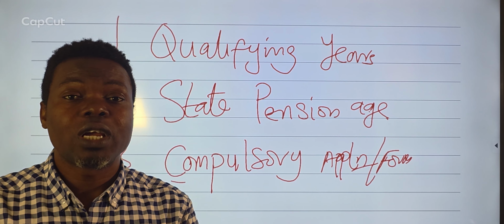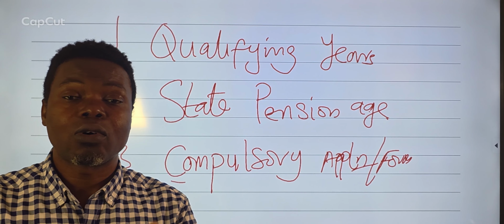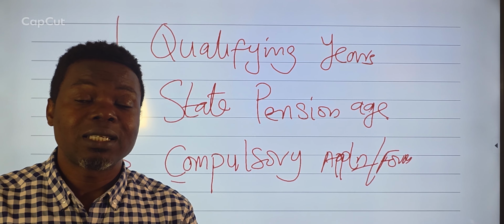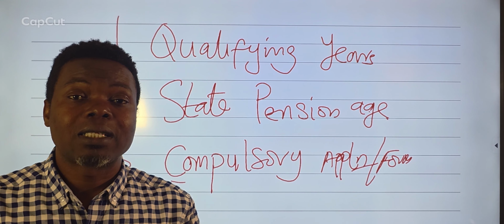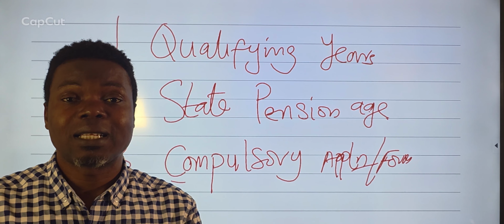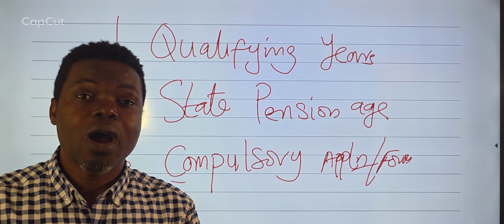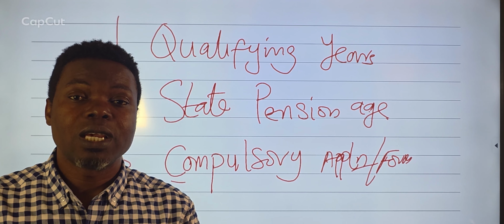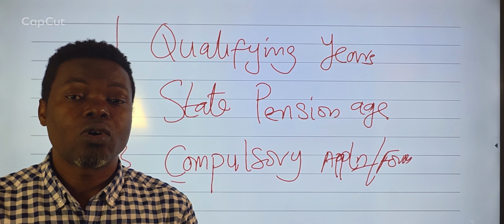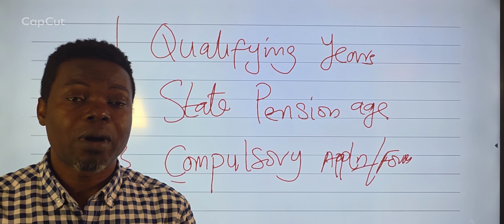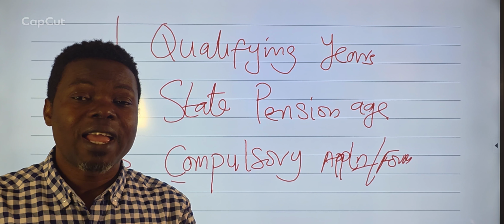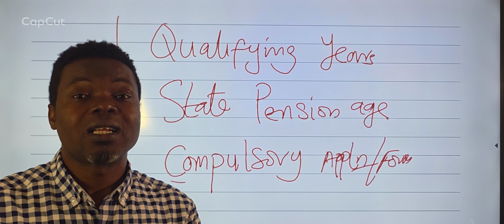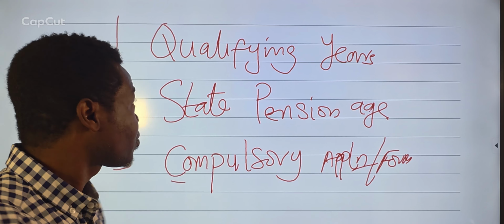Somebody that has contributed for 10 years and somebody that has contributed for 20 years, 30 years, 35 years, they are not supposed to be receiving the same amount. Now, the maximum year is 35 years, and the full amount for that number of years is £234.7. Let's see how it is being calculated, especially when your qualifying years is between 10 and 35 years.